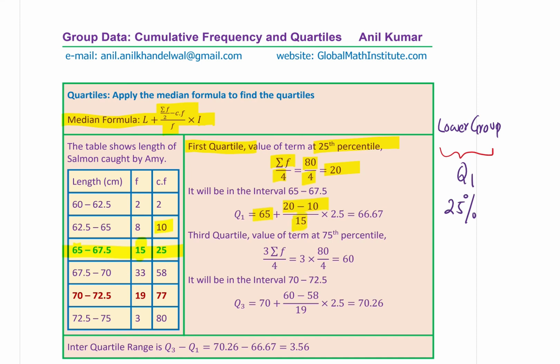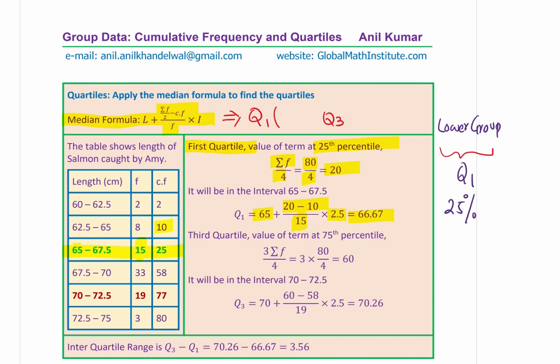So, multiplying by the gradient, which is 2.5 over 15, we get the value 66.67. You get the idea, right? So that is how we could actually modify this formula to apply for Q1 and also for Q3, correct?